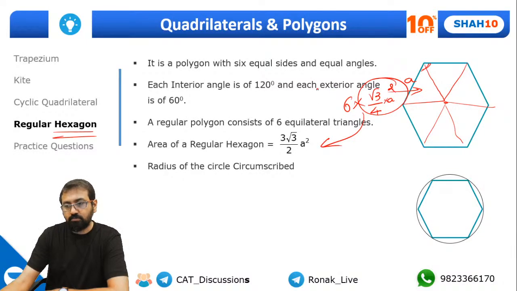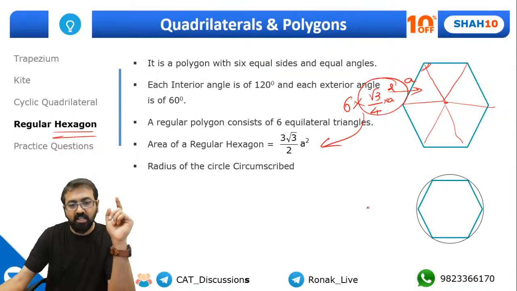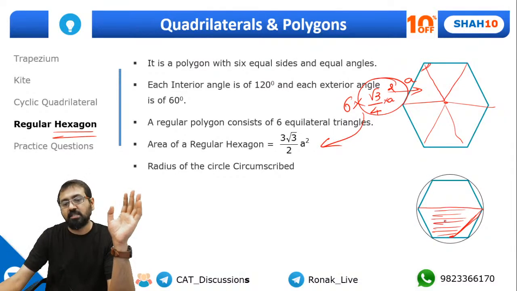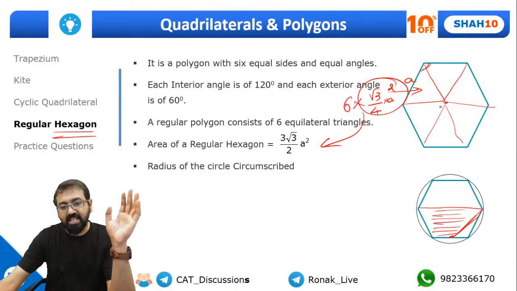Okay, so whenever you come across a regular hexagon question, remember this thing. If you are given some portion, say a figure has been formed by joining this way, or a figure like this one, and you are asked to find this area, always divide the regular hexagon like this.